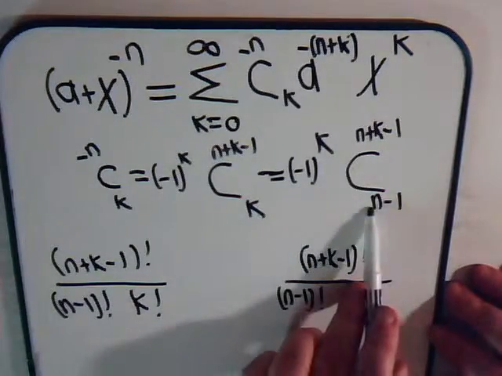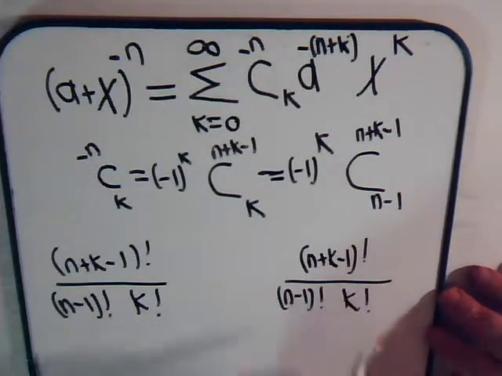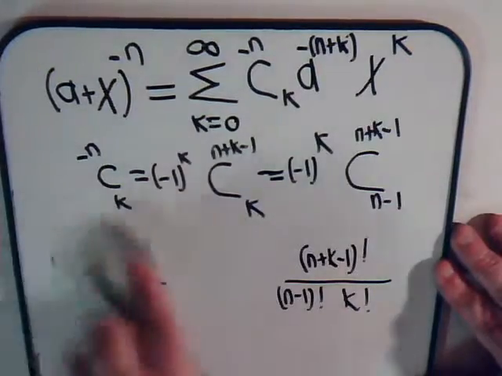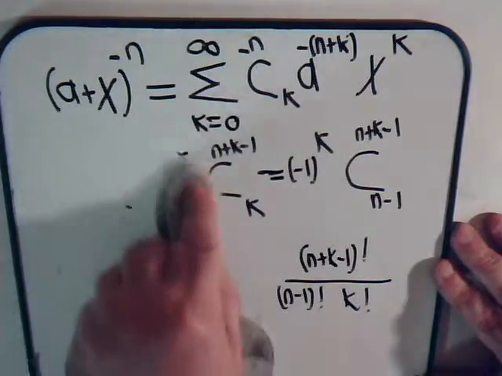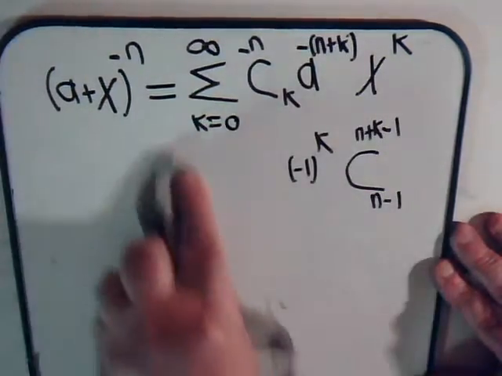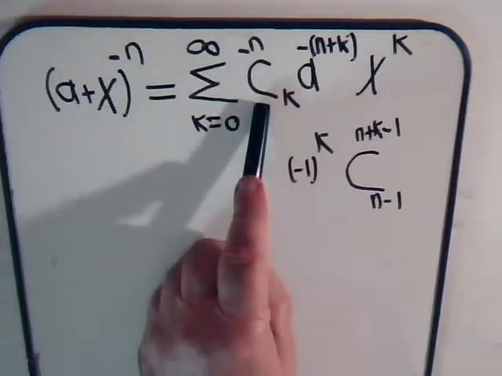N minus n goes away, negative 1 minus negative 1 goes away, and we have k factorial. So what we're going to do is rewrite this by putting this in place of this.